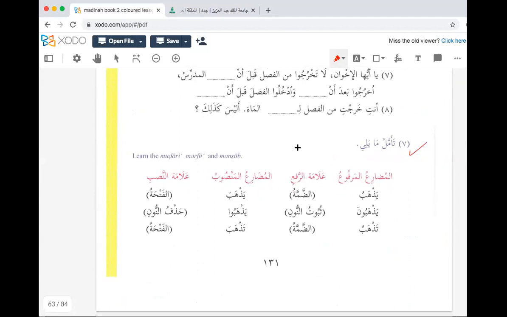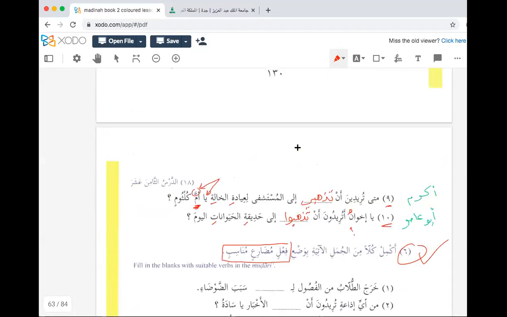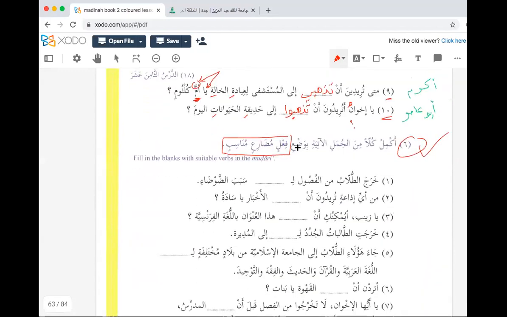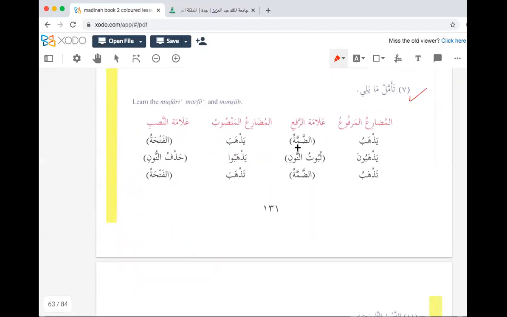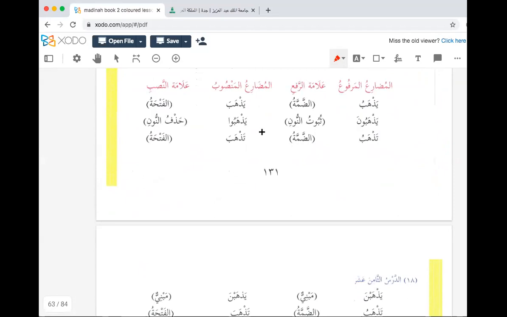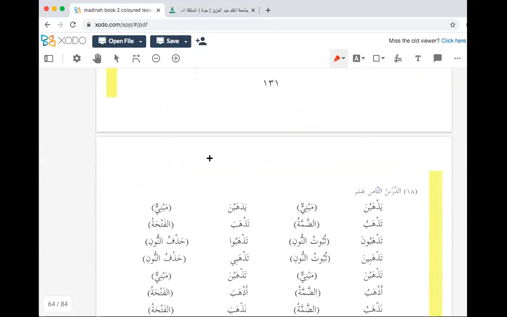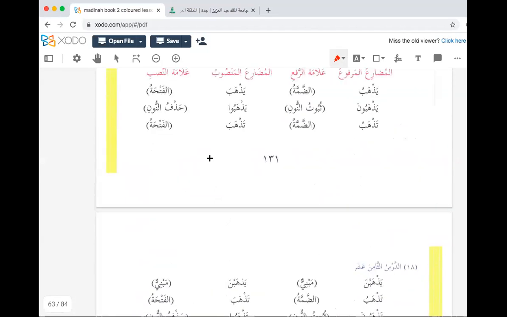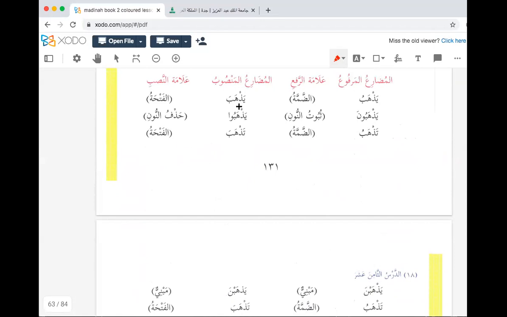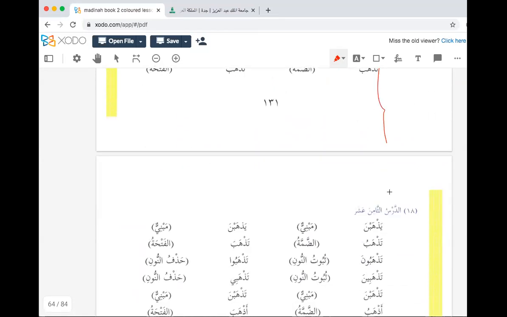Yeah, write everything. So even number 7, it says ta'ammal, just pay attention to it and notice it, which is this one here. Mudari' marfu' alamat al-raf', mudari' mansoob alamat al-nasb. Yeah, fantastic. Very good. But writing it down will help you remember, inshallah. So I would recommend writing this down.